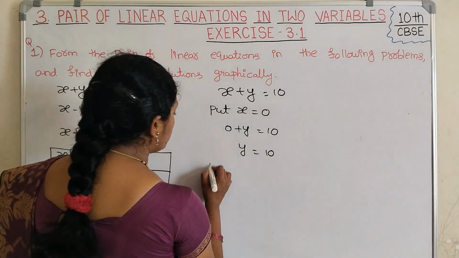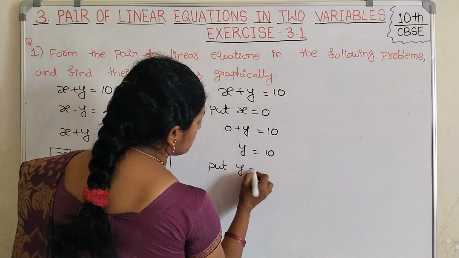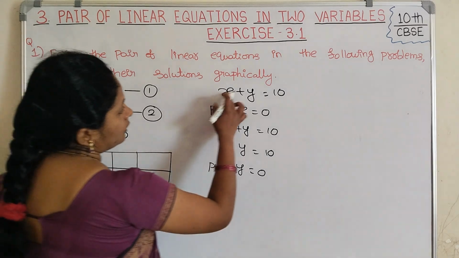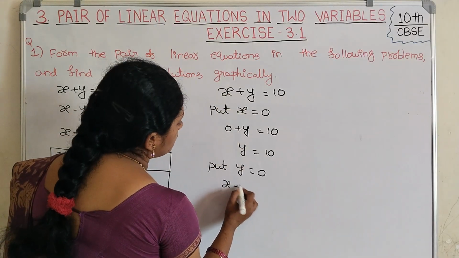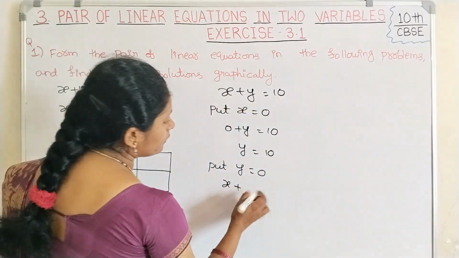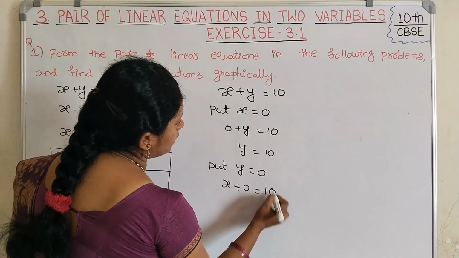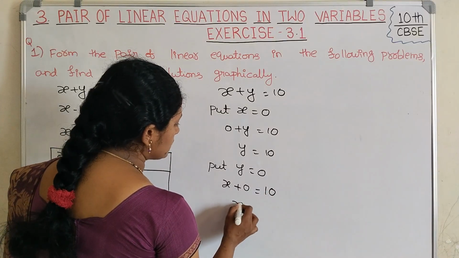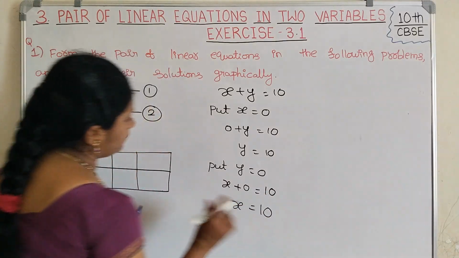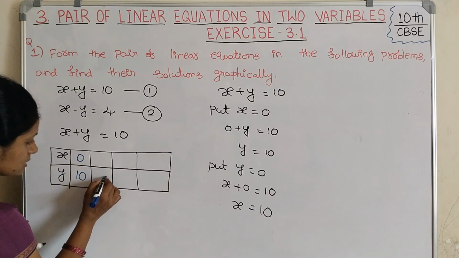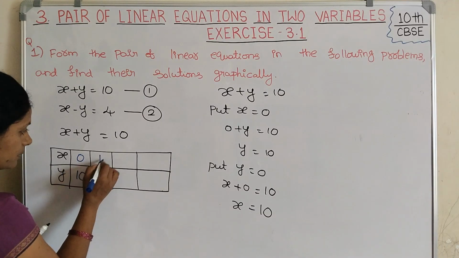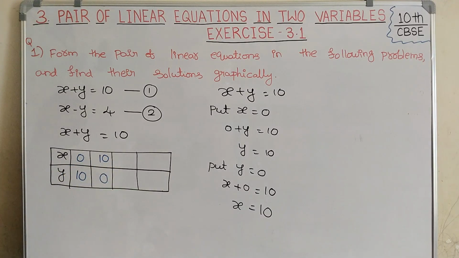Next, put y equals 0. In this equation, x plus 0 is x, so x equals 10. Then y equals 0 and x will be 10.